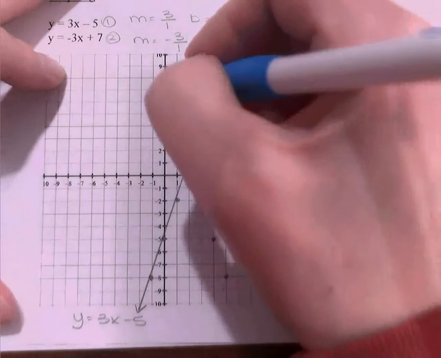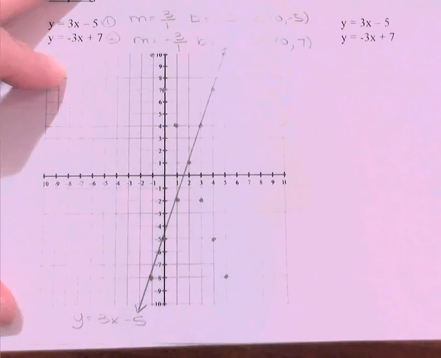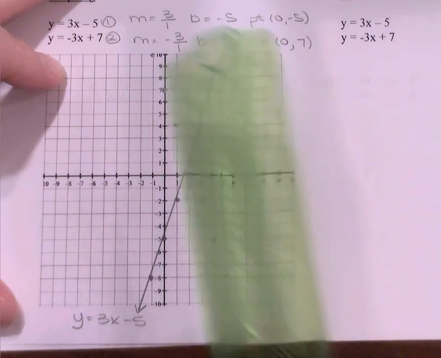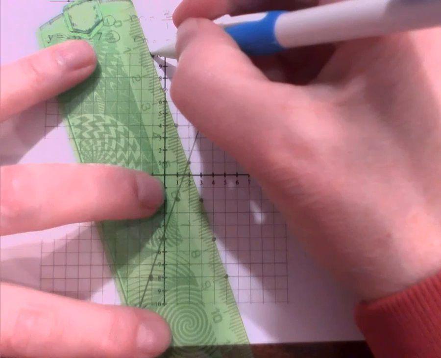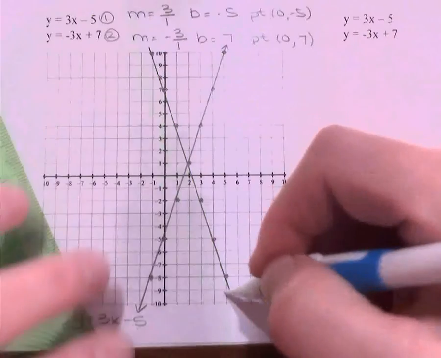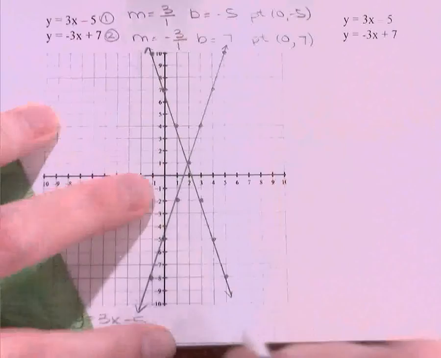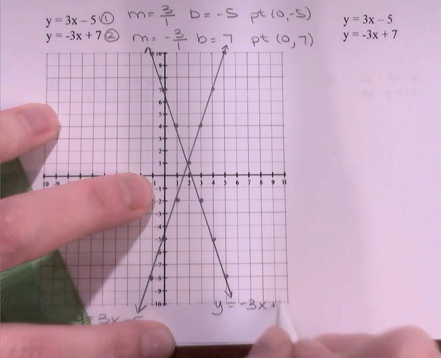And I can go in the reverse order. And then I can graph the line that joins those points. And I can write the equation of the line.